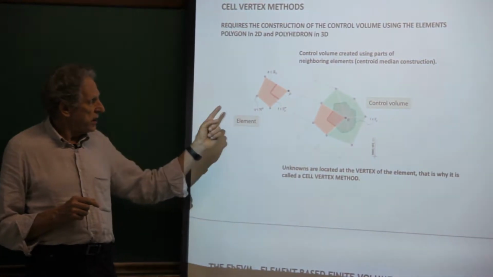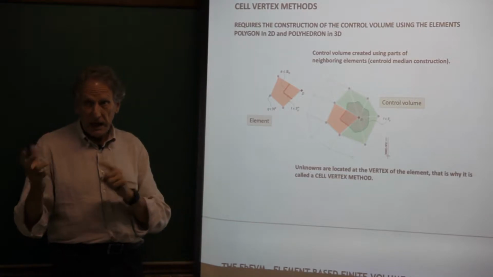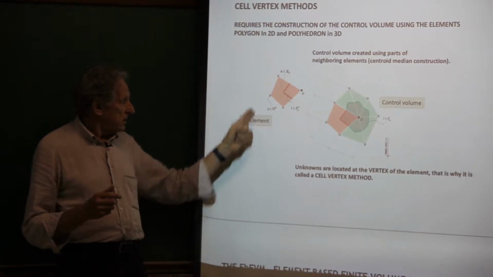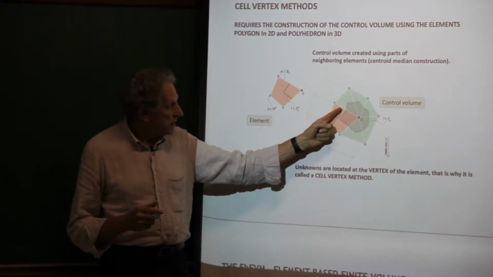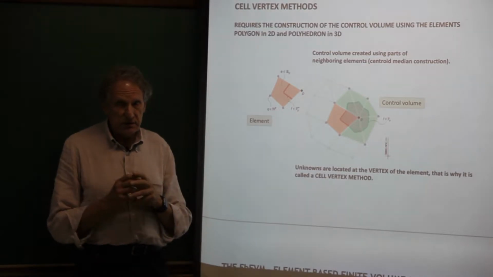And then here we have a picture showing the grid, which is the elements, one of the elements, and then the control volume here, which was constructed with parts of the elements.